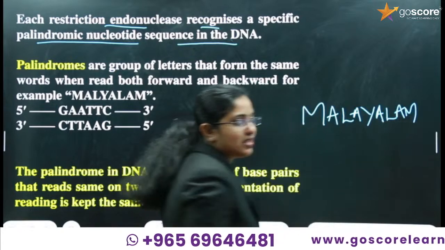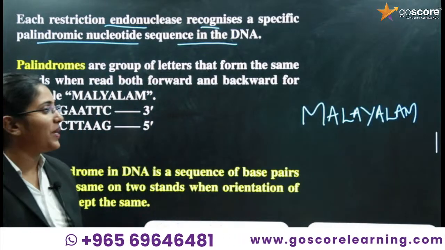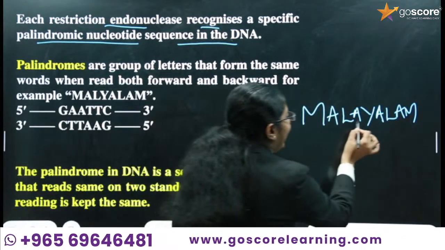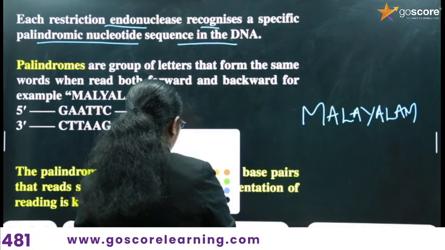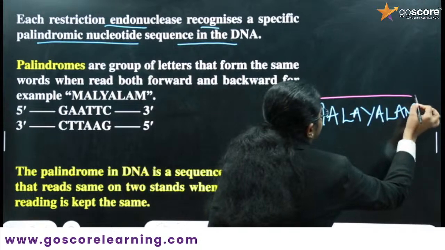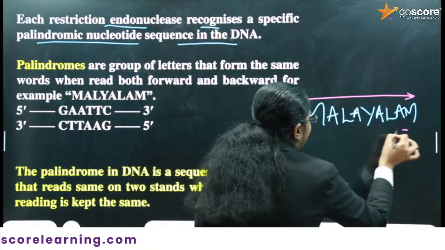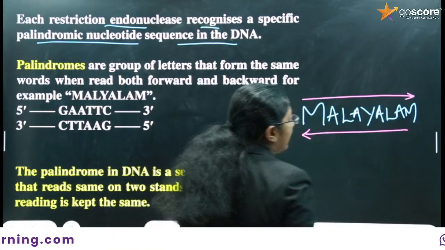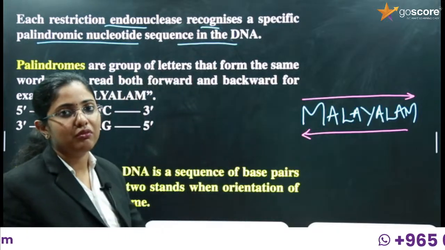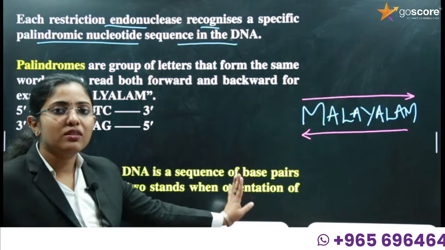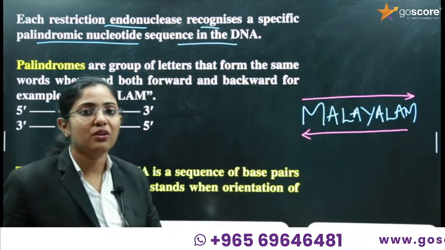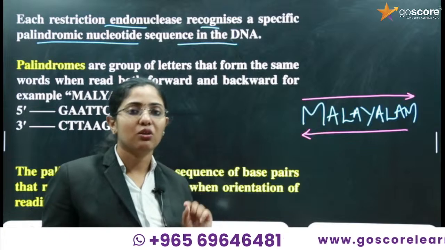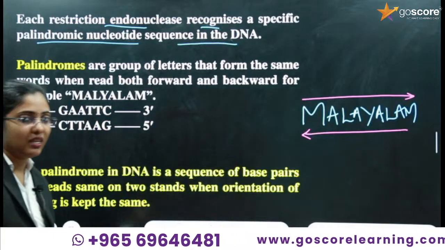This is the sequence of letters. This is one way we can read it in the forward direction. If it is read in the backward direction, how do we read it? Malayalam itself. That kind of sequence is known as a palindrome sequence.